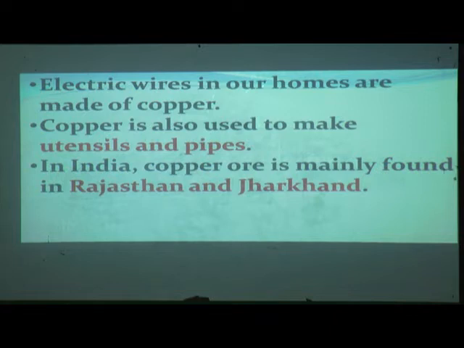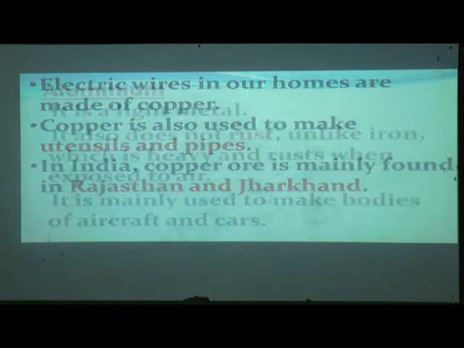Fan wires, AC wires, all such kinds of wires, inside it is copper only. In India, copper is also used to make utensils and pipes. In India, copper ore is mainly found in Rajasthan and Jharkhand. Where can we find it? We can find it in Rajasthan and Jharkhand.